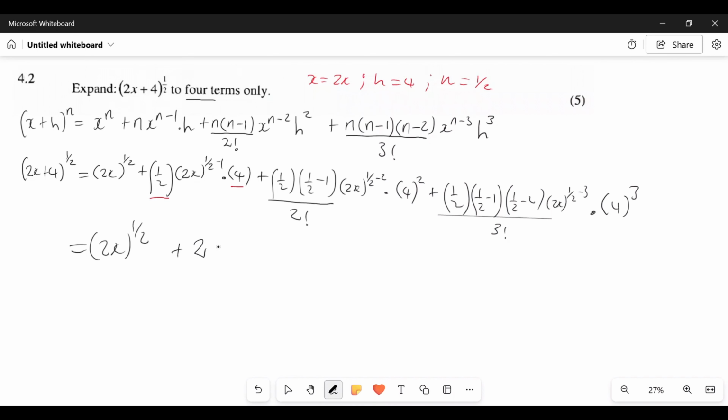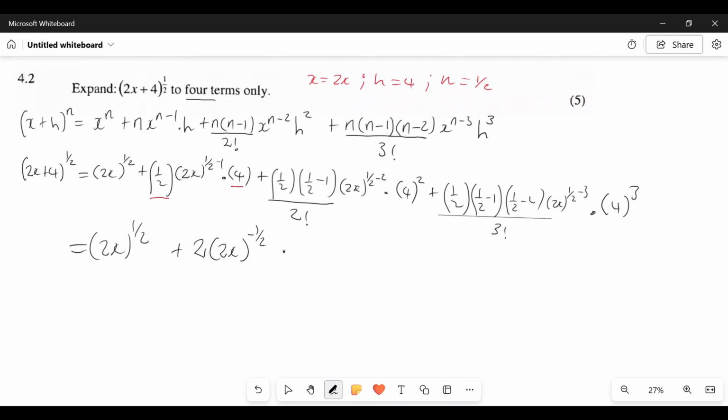And then we have 2x to the power of half minus 1. So this 2x is still having the power of half minus 1. What is half minus 1? This is going to give us negative half, as our exponent. Remember, this negative half is only affecting the 2x there.